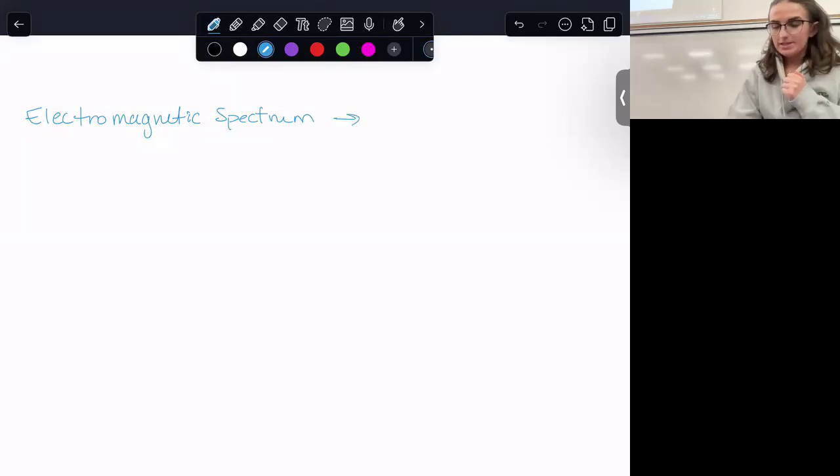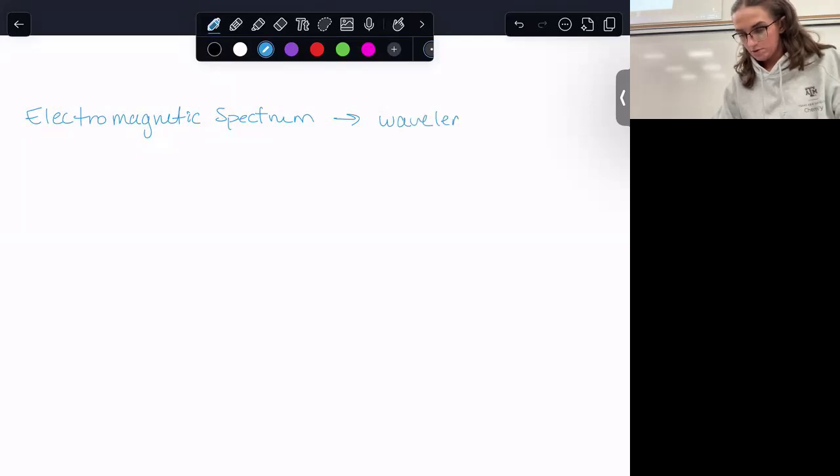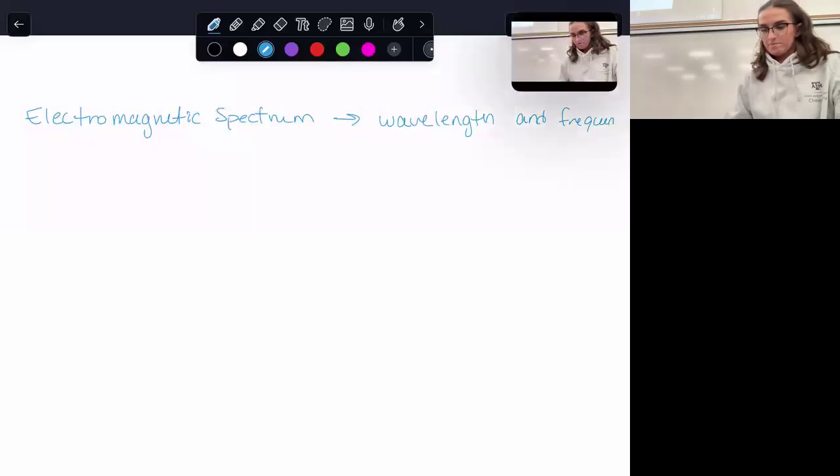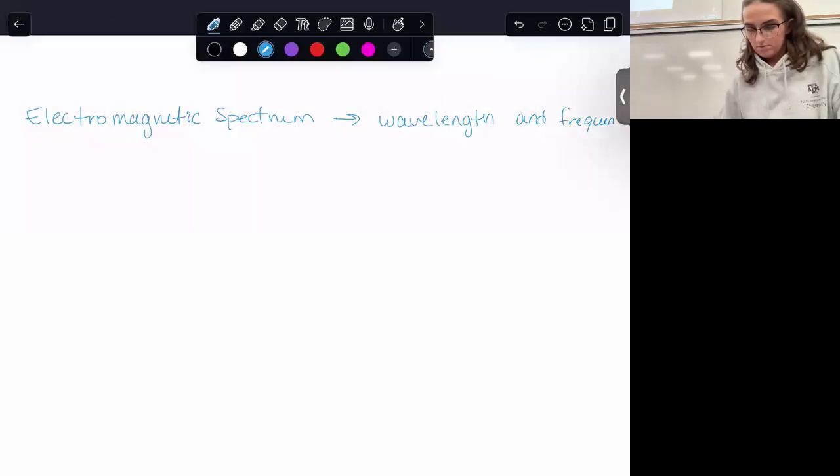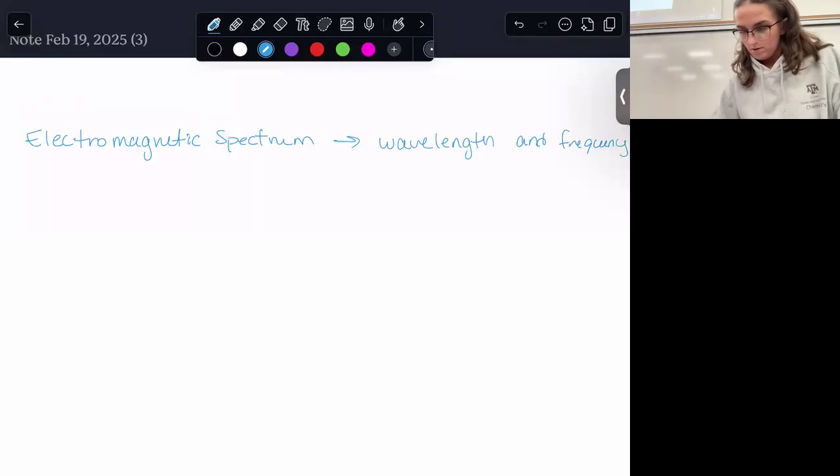Everything that can be defined on the electromagnetic spectrum always has a wavelength and a frequency, and an energy.